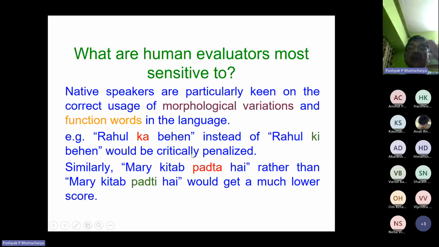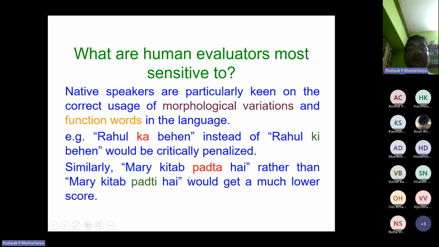So native speakers are very intolerant of morphological mistakes. So instead of मैं जाऊंगा, if I write मैं जाओगे, then the fluency score will be very low. Native speakers do not tolerate morphological mistakes and function word mistakes. Similarly, मेरी किताब पढ़ता है, which is a morphological mistake, rather than मेरी किताब पढ़ती है, because Mary is a feminine gender subject, that also will attract high penalty.